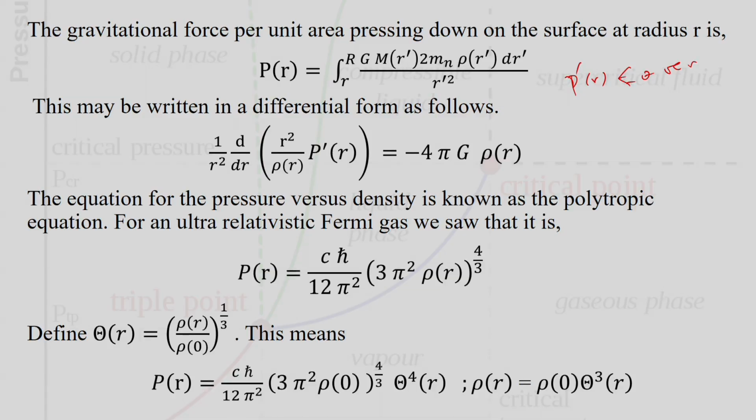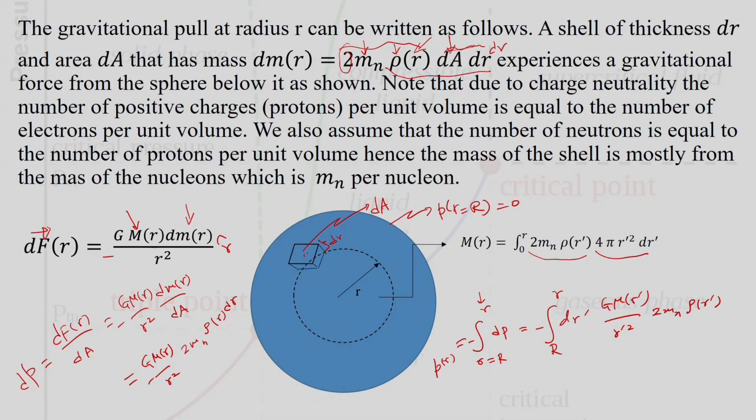So, now I can rewrite this in this form. I can first differentiate with respect to r, then multiply by r squared, divide by rho, and then again differentiate by r. It is a little bit of algebra.